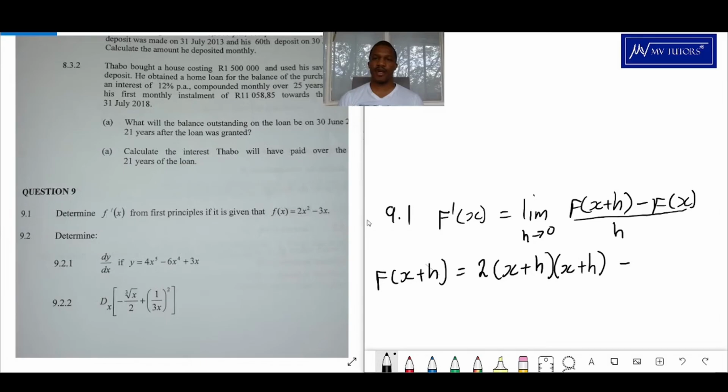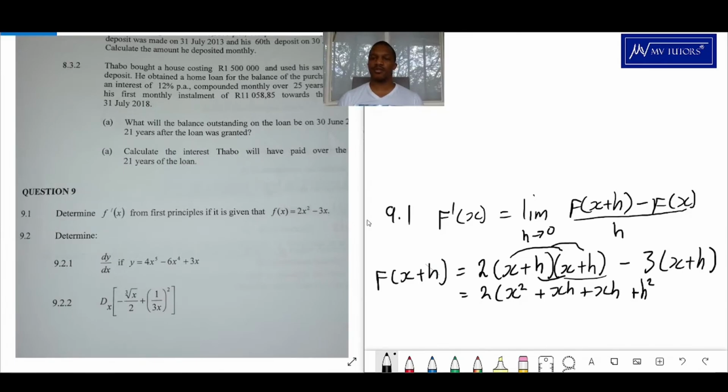Minus 3, and then we've got an x, so I'll put x plus h. Cool, let's go right ahead. X times x is x squared. X times h is plus xh plus, and then this one again is xh, and then h times h is h squared.